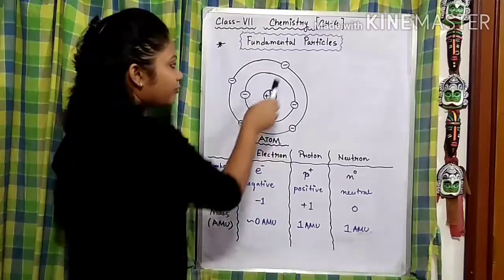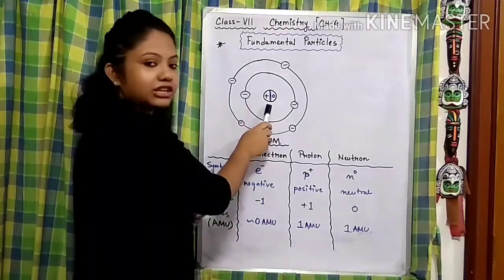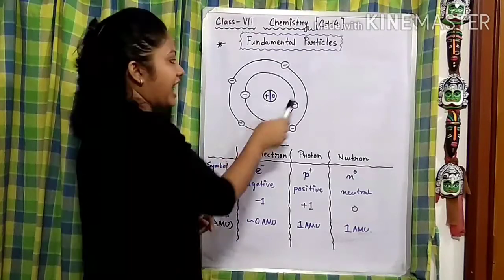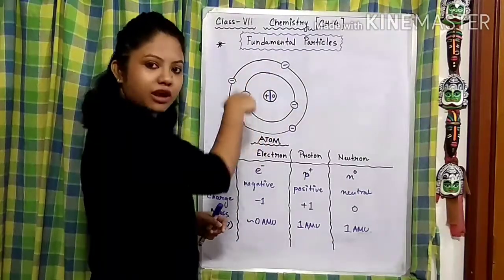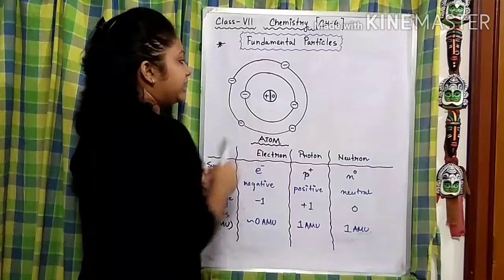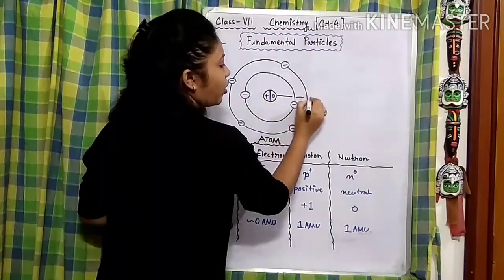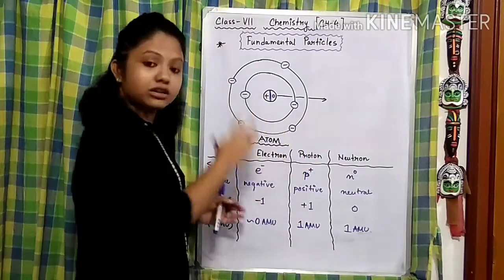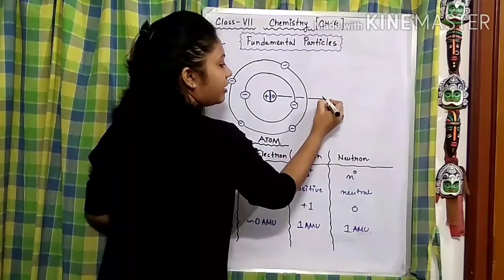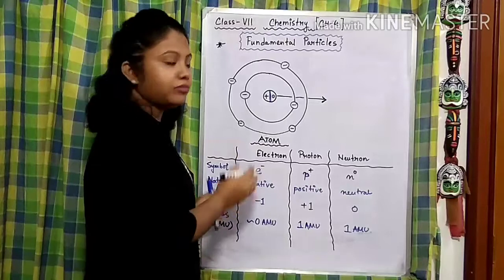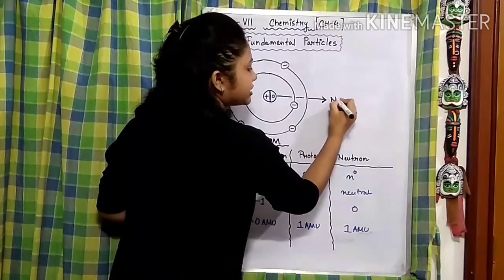Sun remains in the center and the planets revolve around it. Similarly, what we call the sun in our solar system, in the structure of an atom, we call it nucleus.